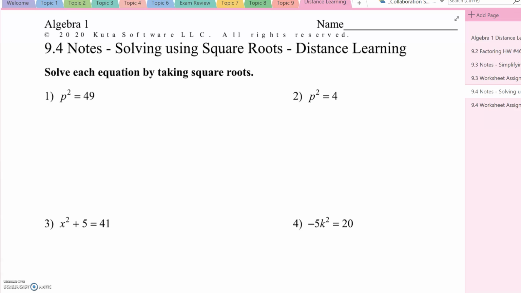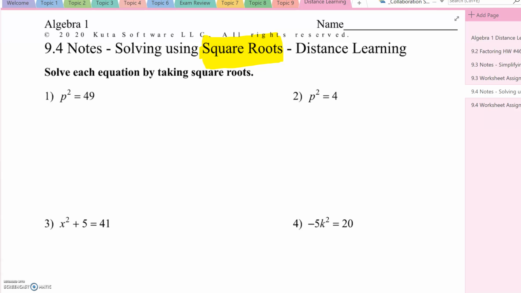Today we're going to move on to section 9.4, which is about solving quadratic equations using square roots. So if you remember, in class we learned how to solve quadratic equations by graphing them and looking at the x-intercepts. And then we also learned how to solve quadratic equations by factoring and setting those factors equal to 0 and solving for x.